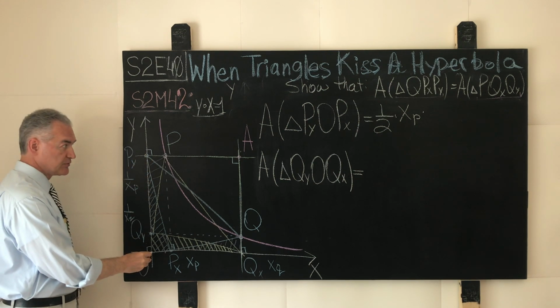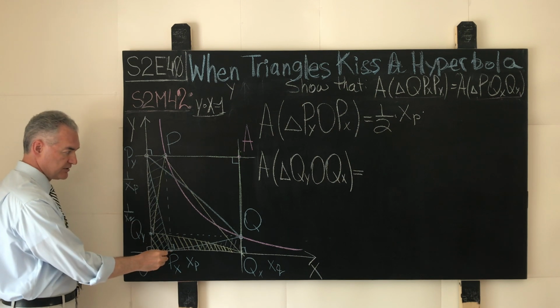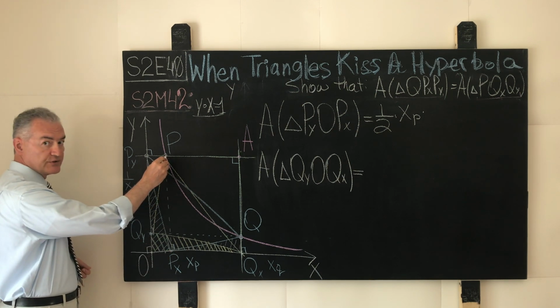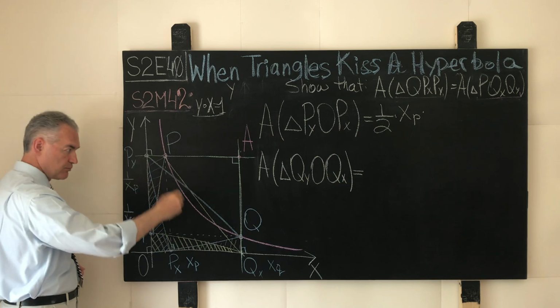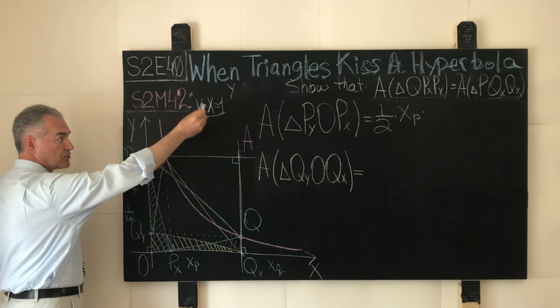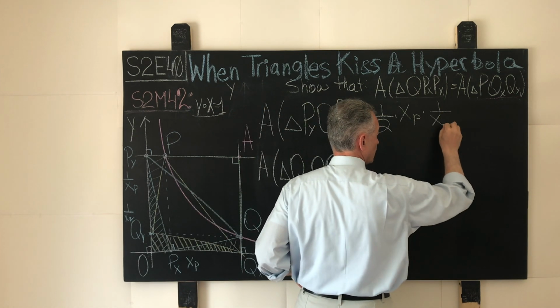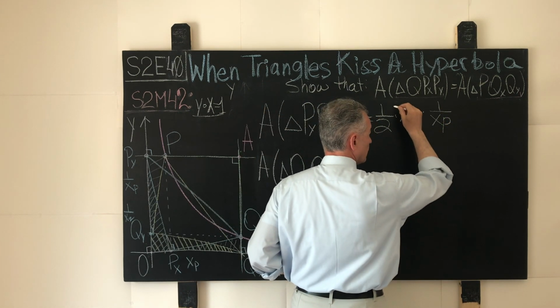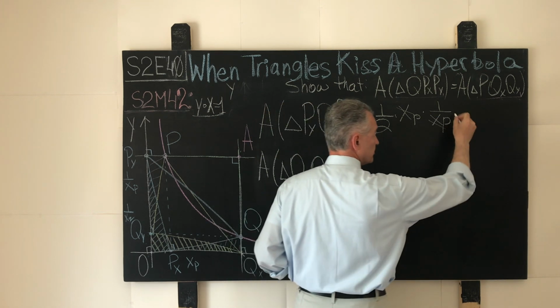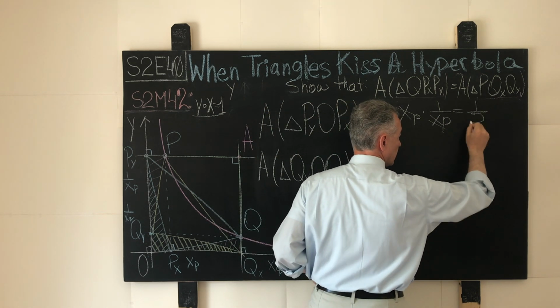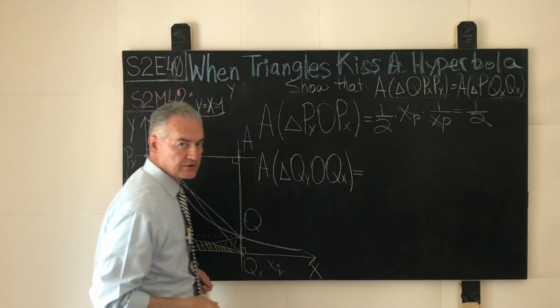It is the vertical displacement of the point P with respect to the x-axis, or the y coordinate of the point P, which sits on the positive branch. Consequently, we already know the drill. The height of this triangle will be 1/xp. Now, xp in the numerator, xp in the denominator cancel out, and we get the beautiful answer of 1/2.